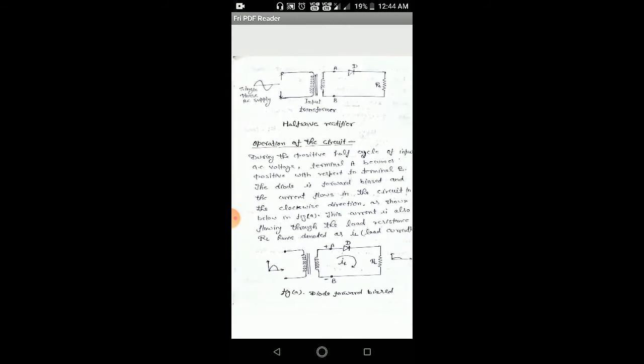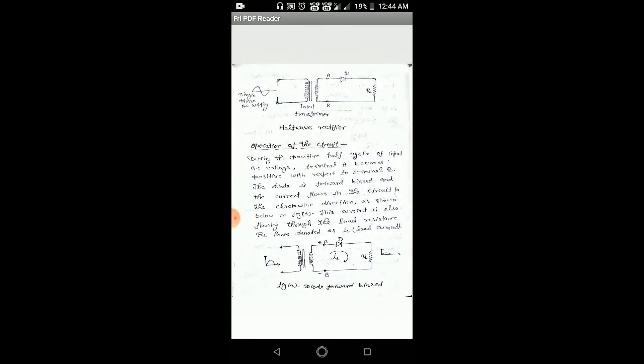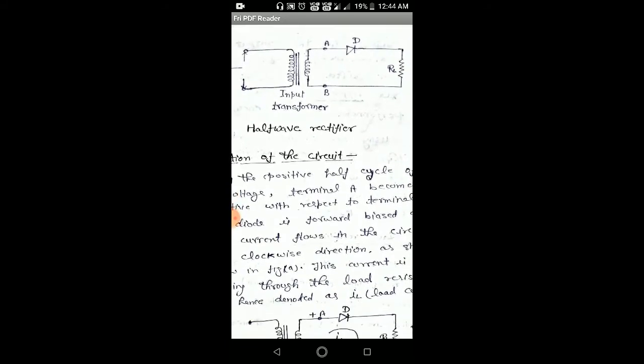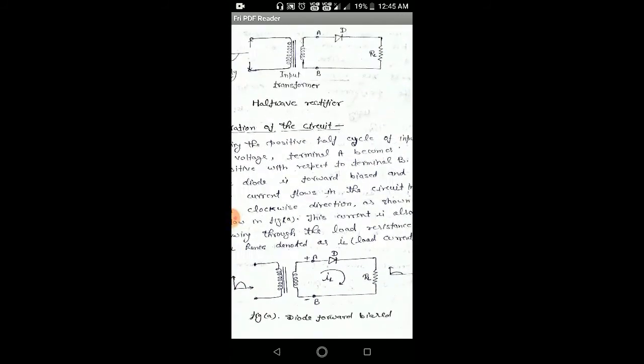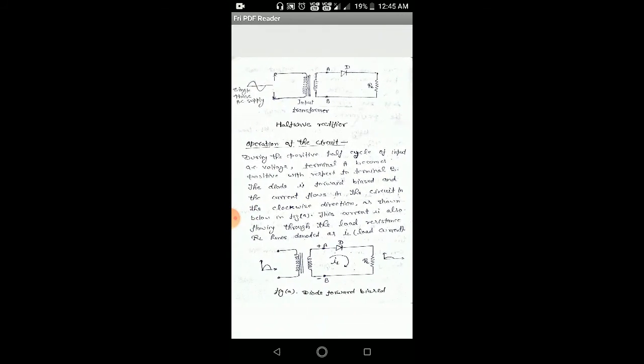Here is the operation of the circuit. During the positive half cycle of the AC input, the terminal A becomes positive with respect to the terminal B. Then the diode is forward biased and the current flows in the circuit in the clockwise direction.